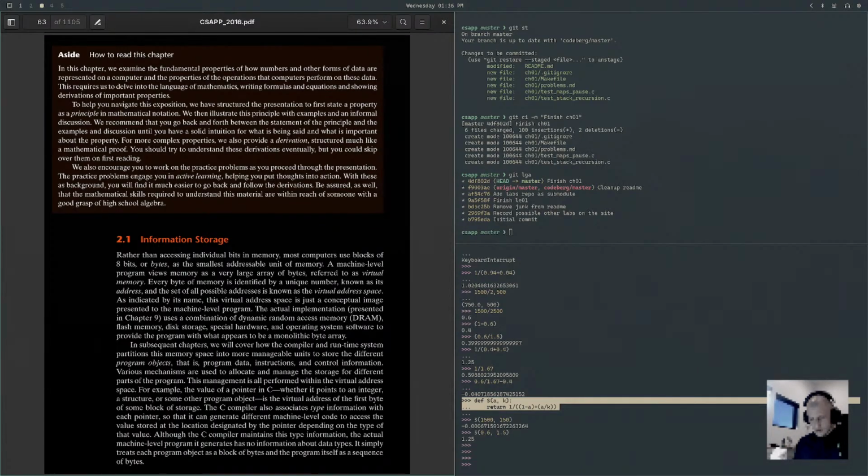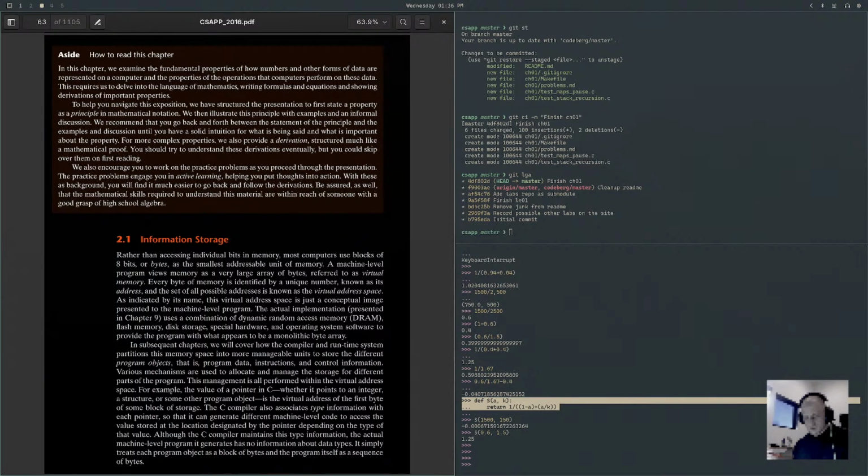Various mechanisms are used to allocate and manage the storage of different parts of the program. This management is all performed within the virtual address space. For example, the value of a pointer in C, whether it points to an integer or a structure or some other program object, is the virtual address of the first byte of some block of storage.